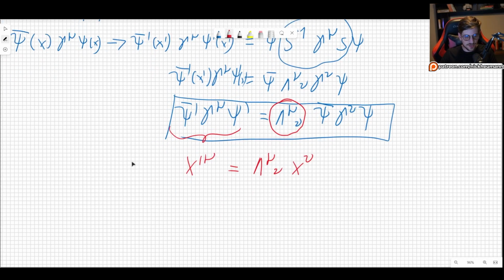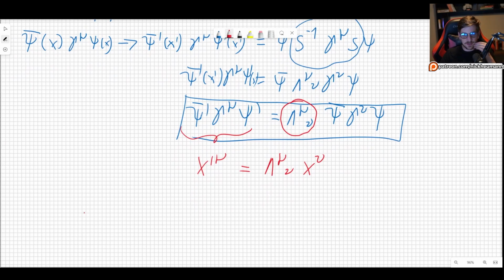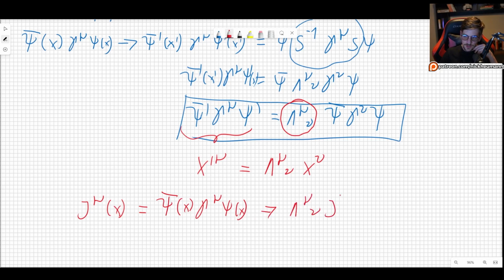So this product right here transforms as a 4-vector. All right, and that's actually very interesting, because that suggests that if we define a current, J mu, for example, that is of that exact form, right? So simply the Hermitian adjoint, gamma mu, psi of x, then this is going to transform as lambda mu nu J nu of x. Which is very nice.